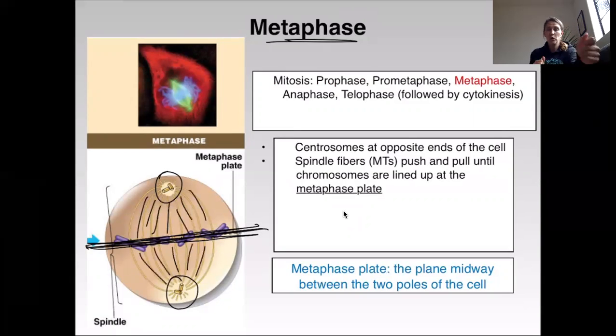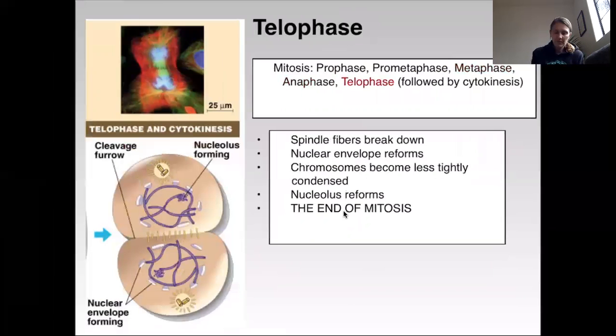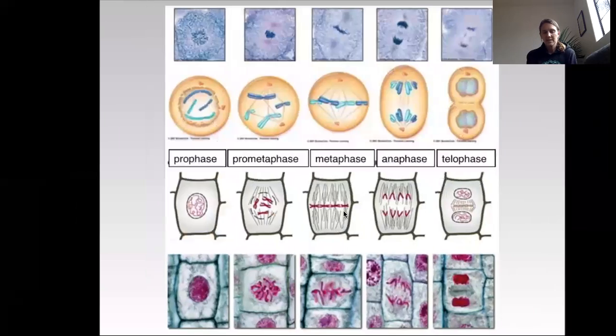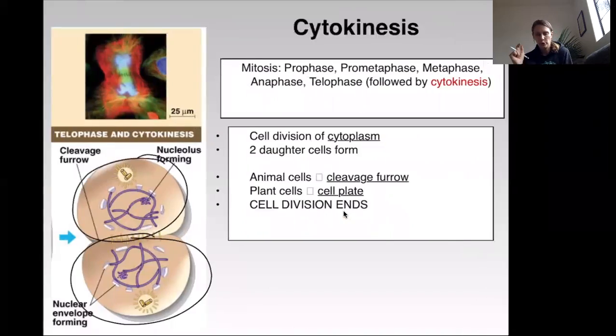And remember, there's a real push and pull of these microtubules trying to line them up. Anaphase, they're going to pull, sister chromatids are going to pull apart. Telophase, we start to see nuclear envelopes reforming. Cytokinesis, when we get actual cytoplasm splitting, whereas mitosis means nuclear division.